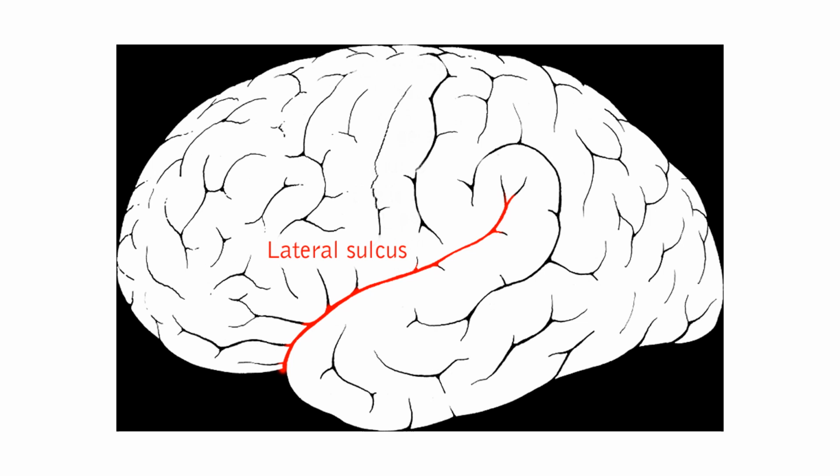On reaching the supralateral surface, it divides into 3 rami or branches, namely anterior horizontal, anterior ascending, and posterior. So this is the lateral sulcus or Sylvian fissure.